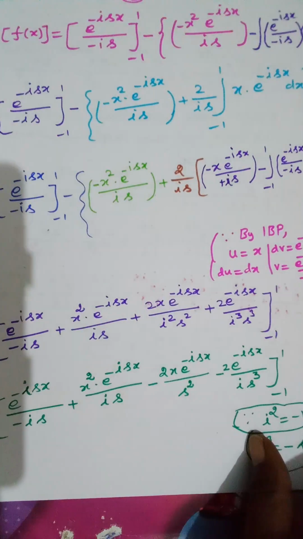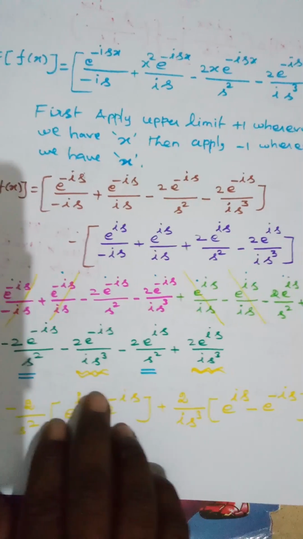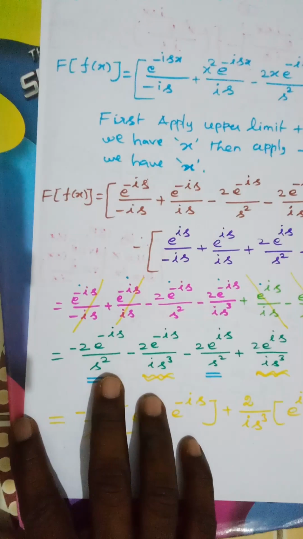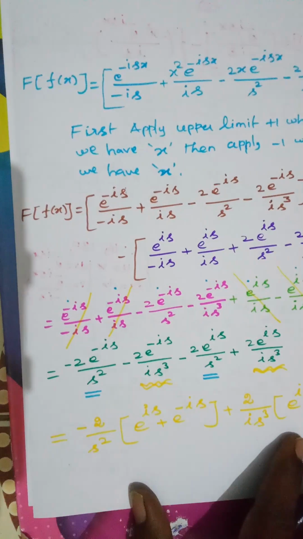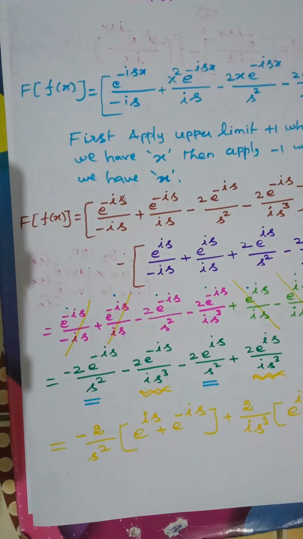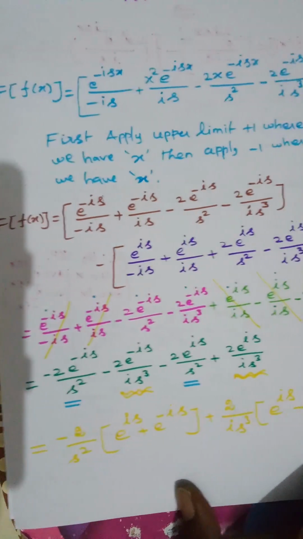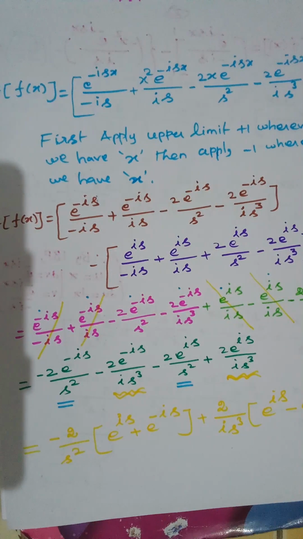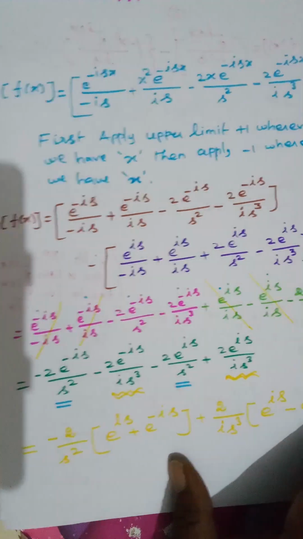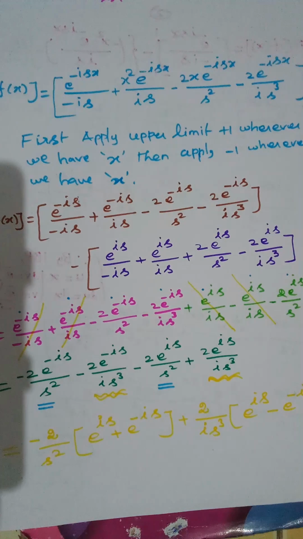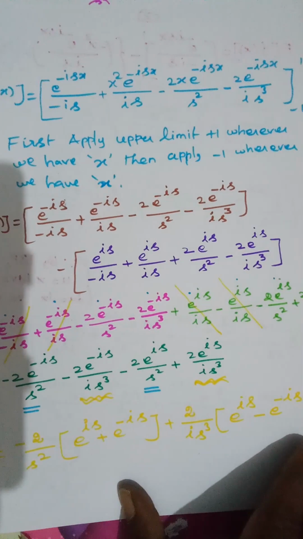Isn't it? Now, for the next one, f of x is equal to e power minus isx by minus is plus x squared e power minus isx by is minus 2x e power minus isx by s squared minus 2 into e power minus isx by is cubed, and then minus 1 to plus 1, isn't it?